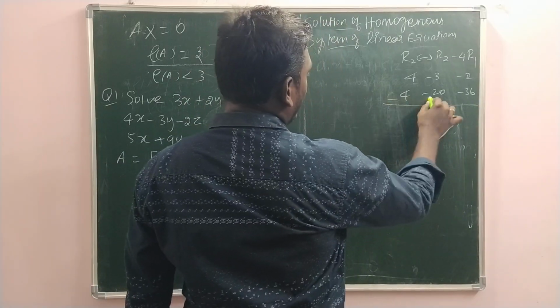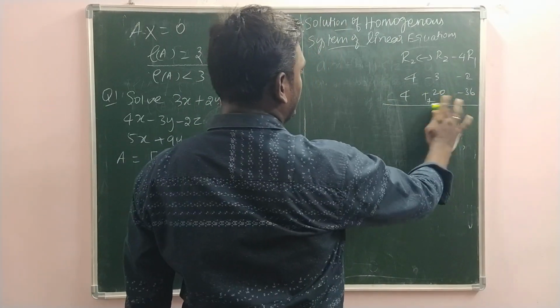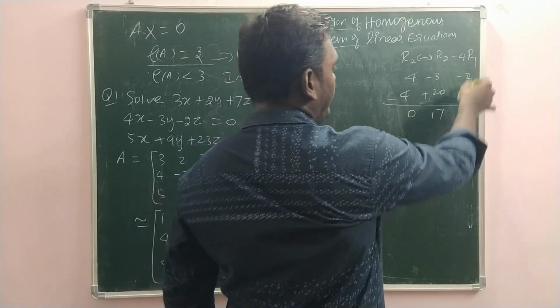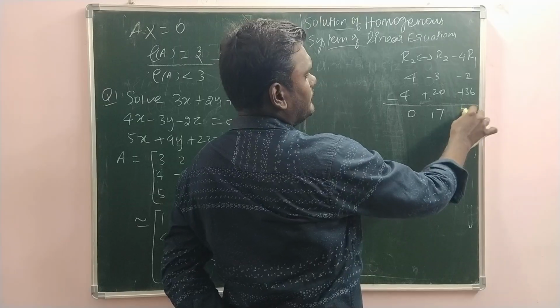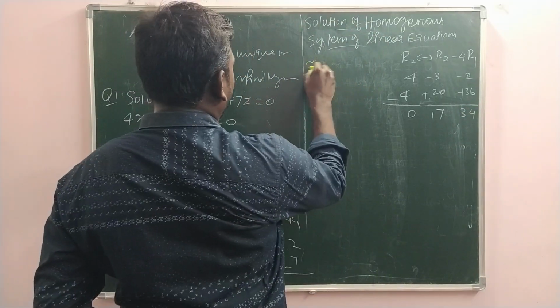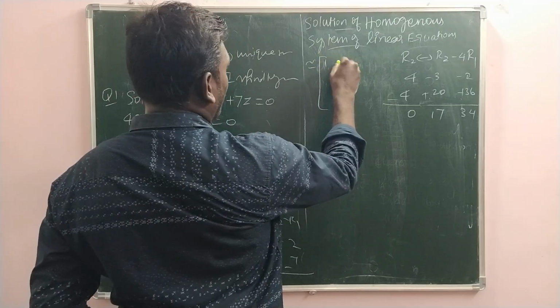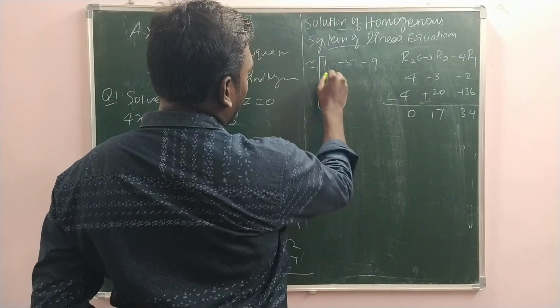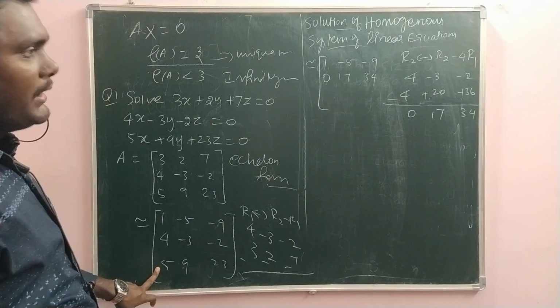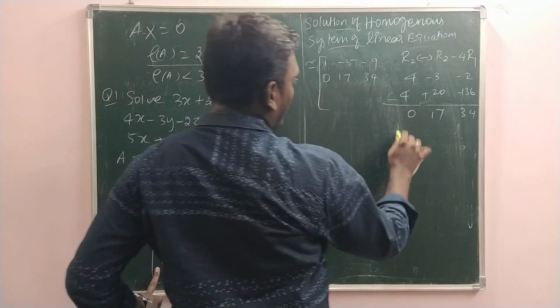We subtract: minus and minus is plus. Now this is 0, this is 17 and this is 34. So we get 1, -5, -9 and 0, 17, 34.